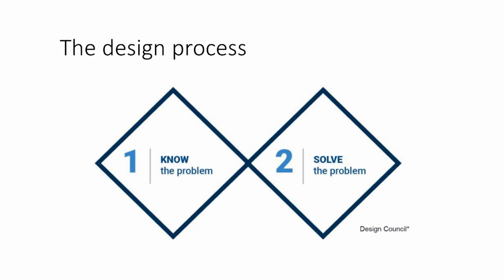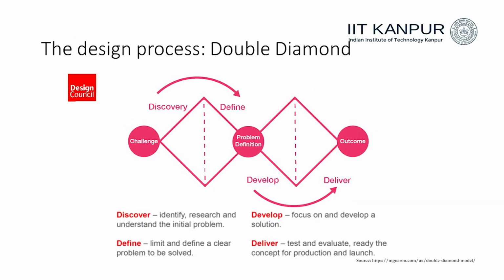Okay. So a significant amount of time needs to be spent in knowing the problem, and once you know the problem, only then you go about solving it. So really you can even further break it down. So you start with a challenge such as running a vehicle that is man-made that will run on the planet Mars. That's your challenge. So what you do is you go through a discovery phase, okay, in knowing the problem, and then you define the problem.